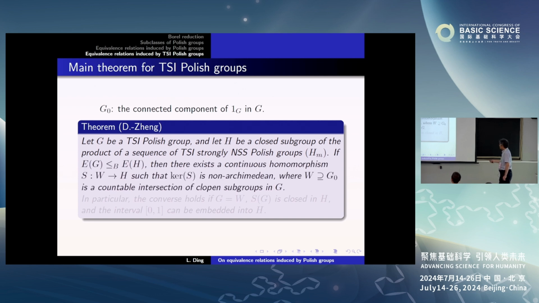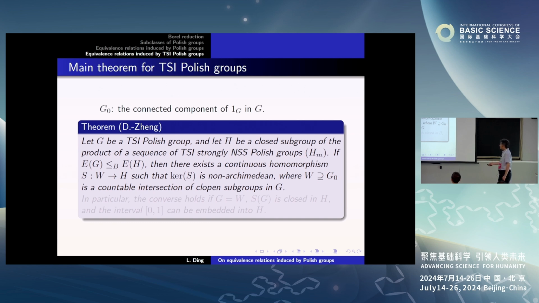Now, if E_G is reducible to E_H, then we can find a continuous homomorphism S from W to H. What's W? Here, the kernel is non-archimedean, and W is a subgroup containing G0.